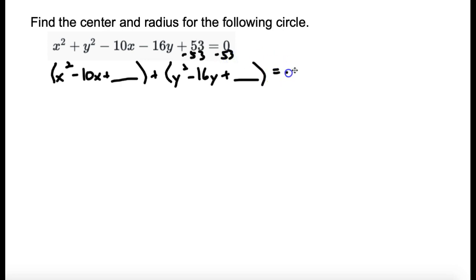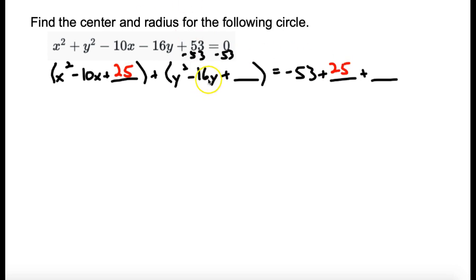So I'll have equals negative 53 plus blank plus blank. So now let's complete the square. So I'm going to take half of b and square it. So half of negative 10 is negative 5, and negative 5 squared is positive 25. So I'm going to add 25 to both sides.